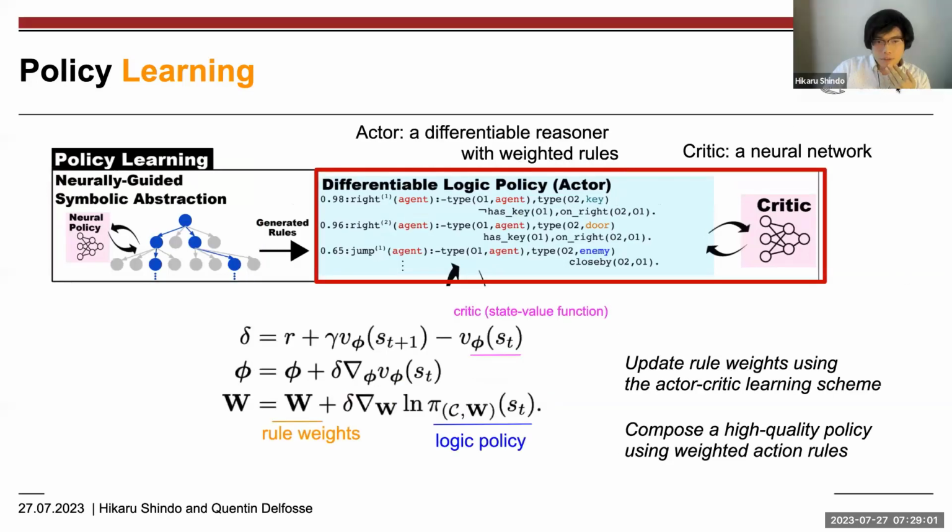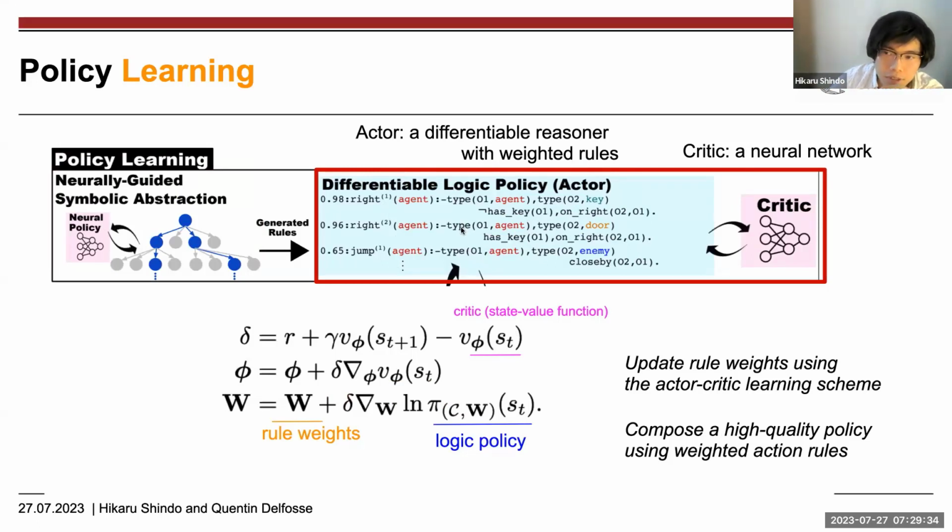So after I perform this neurally guided symbolic abstraction, we perform weight optimization. As Quentin said, we prioritize which rule is important to solve the problem. And we use the actor-critic framework to update the rule weights. So by iterating this process, important rules will get higher values, and unimportant rules get low values.